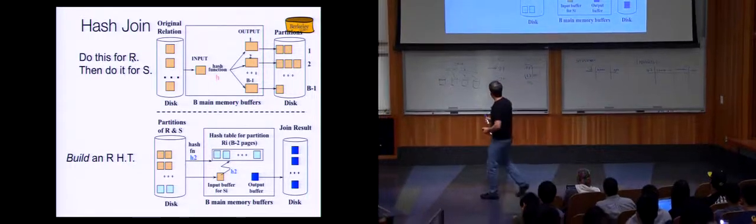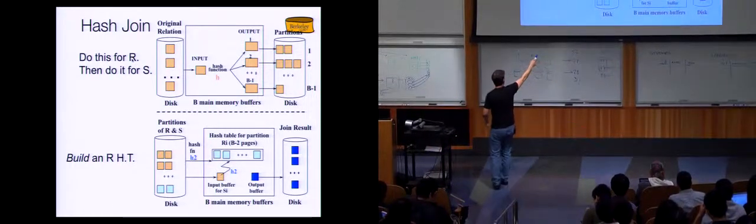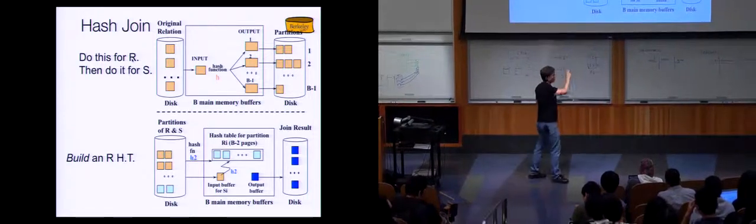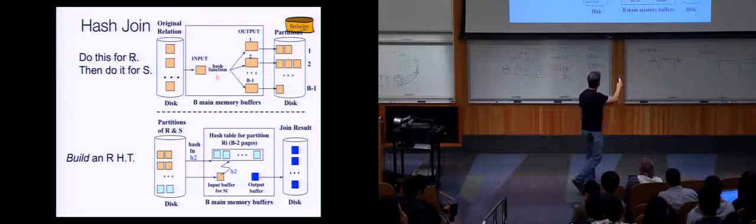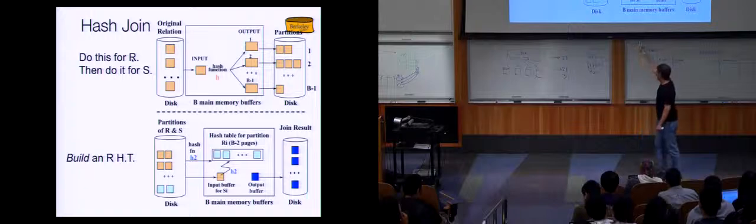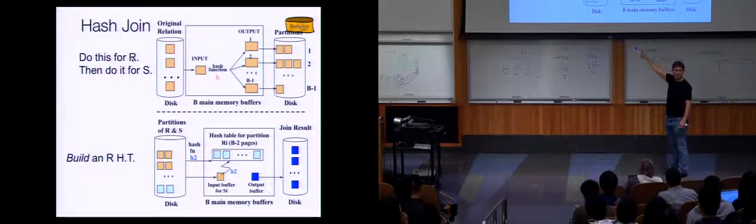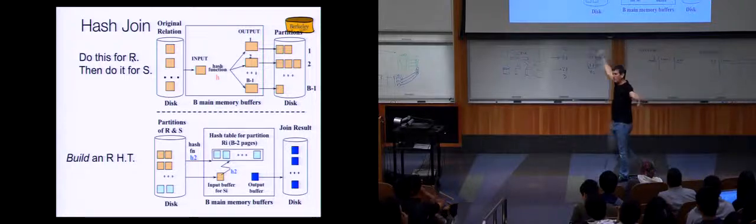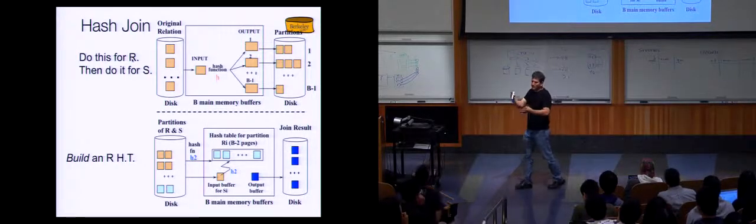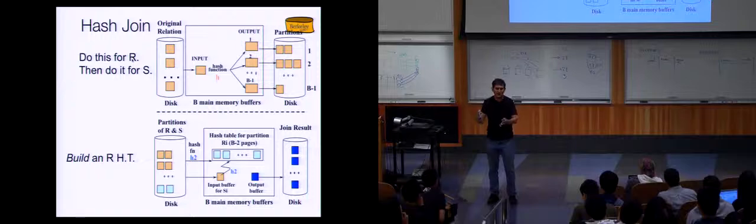Cool thing about this is that the R partitions have to fit in memory, right? Because you have to build a hash table on them. The S partitions can be huge because you're streaming them. So if S is a really, really big relation, and R is kind of a medium-sized relation, it's bigger than memory, but it's not that big, this is great because S might have required lots of recursive partitioning, but R maybe not.